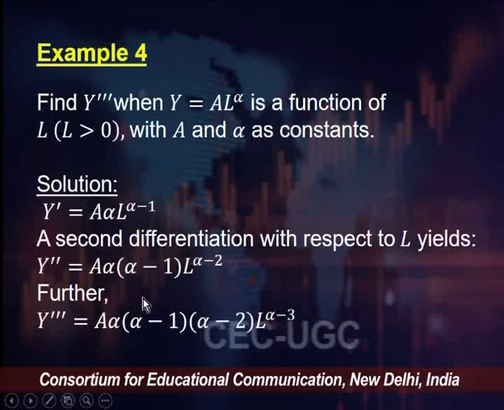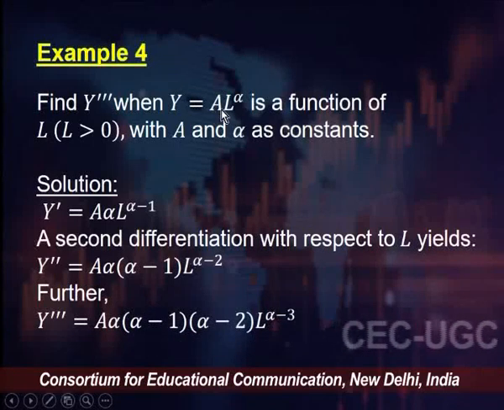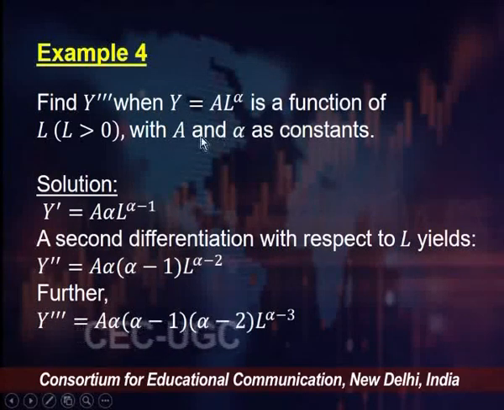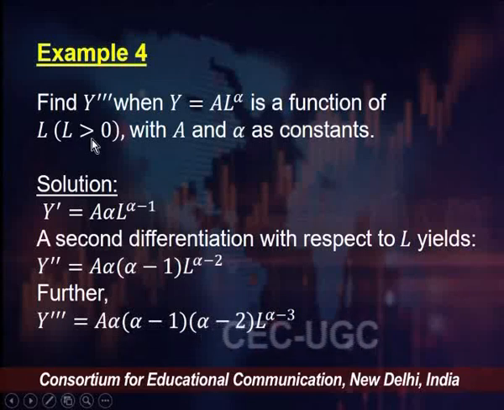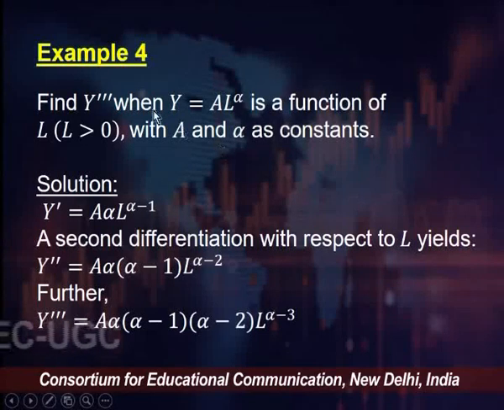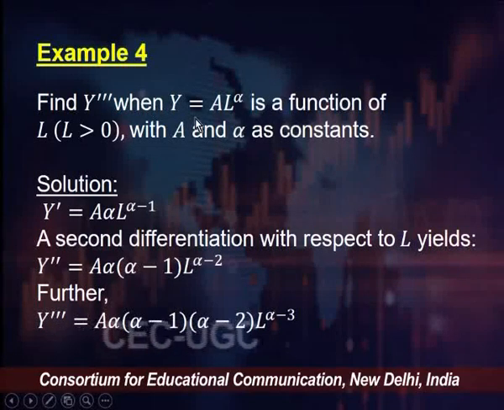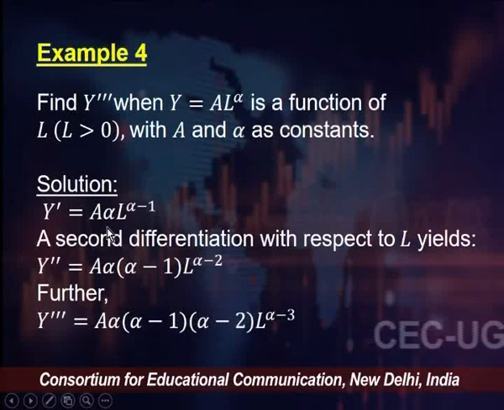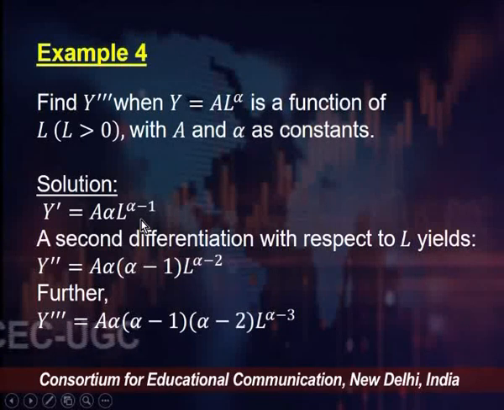Let's suppose you have y equal to A times L to the power alpha, where L denotes labor, and here L is positive. Capital A and alpha are both constants. Here you're asked to calculate the third derivative of y with respect to L. The first derivative would be A times alpha times L to the power alpha minus 1, again using the power rule.